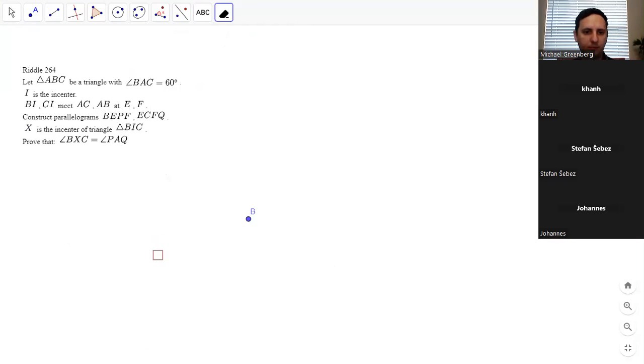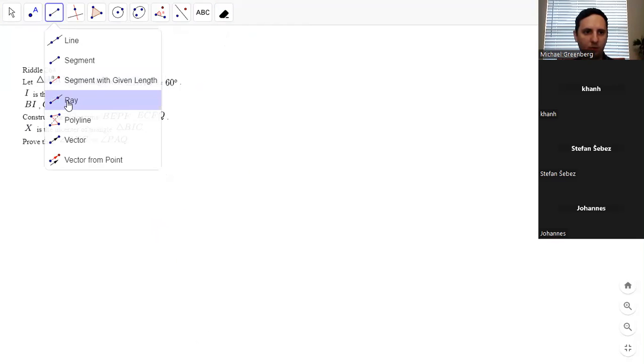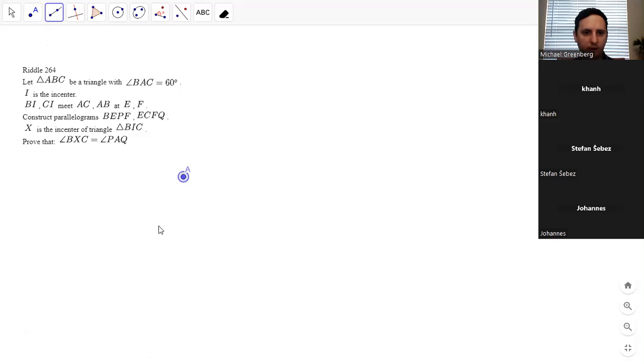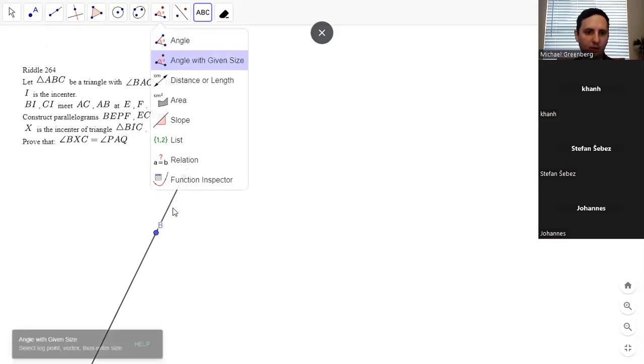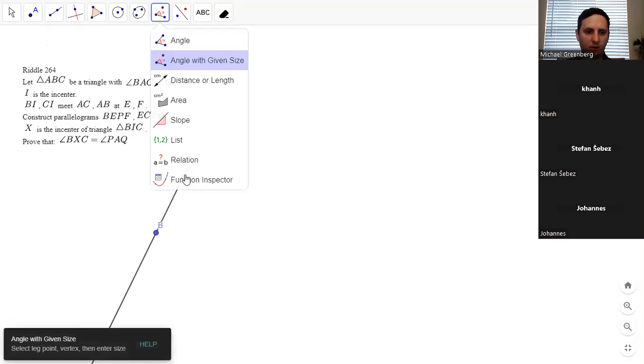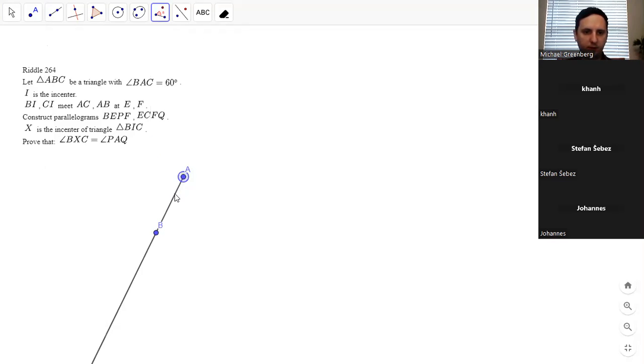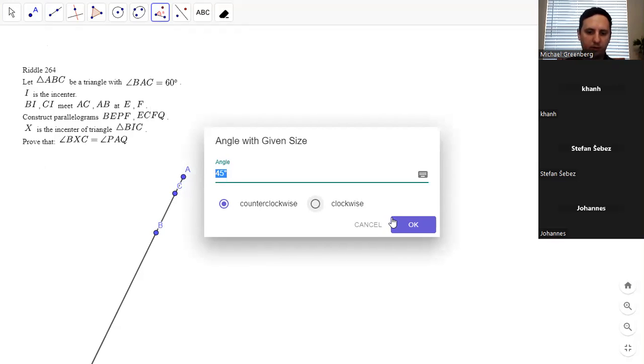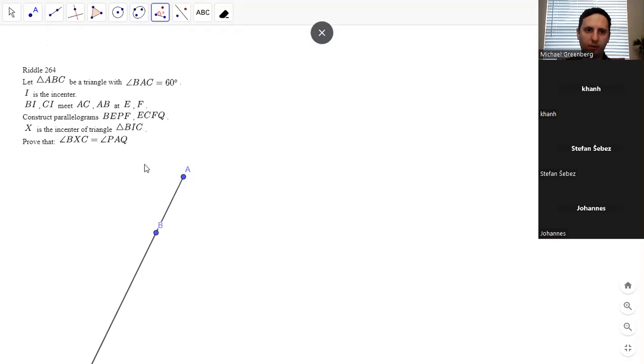So yeah, I guess it's probably best to do it like this. Oh, whoops. It's like point, vertex, and 60. Oh, I want to do it the other way. Okay, sorry.